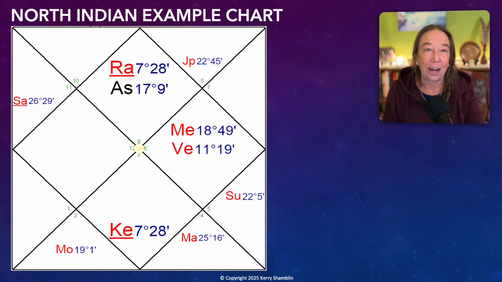So we've got Saturn in Aquarius in the third house. Fourth house and fifth house are void, empty, no planets. The sixth house is the lower base where MO is.